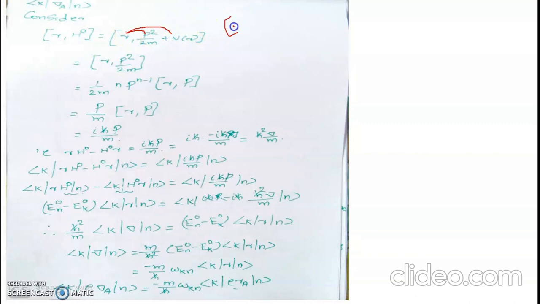But the commutator r, V is equal to 0 provided V is a central potential, or provided V has only dependence over r. This is also a theorem, or a problem that you might have done in your quantum mechanics first paper.